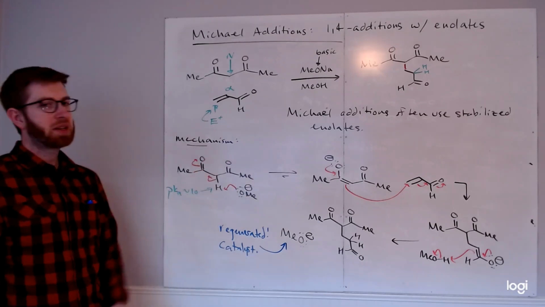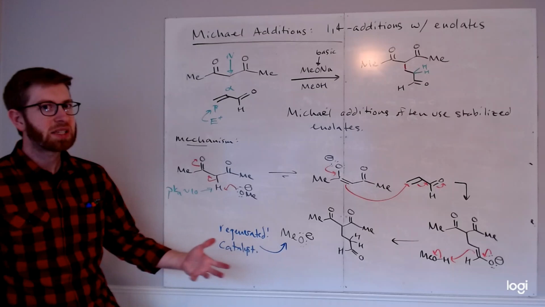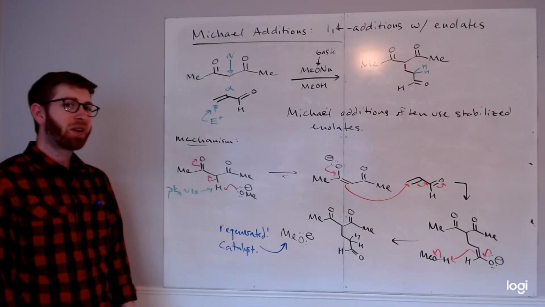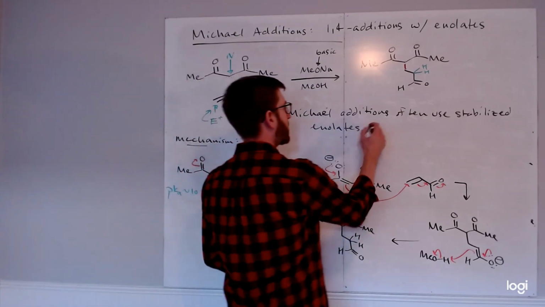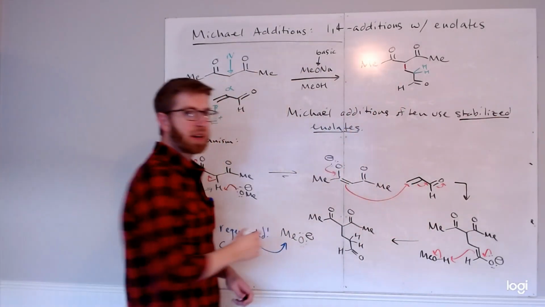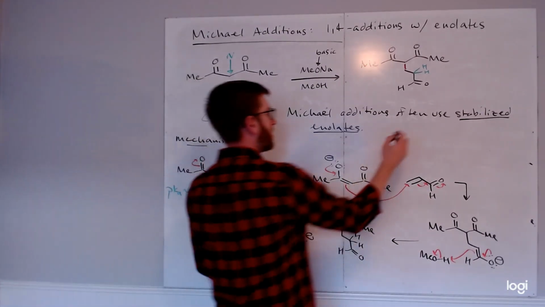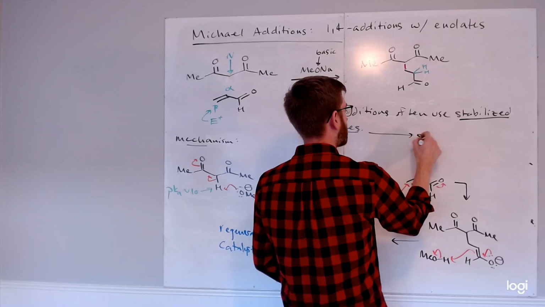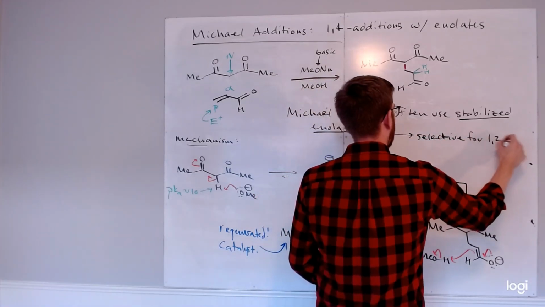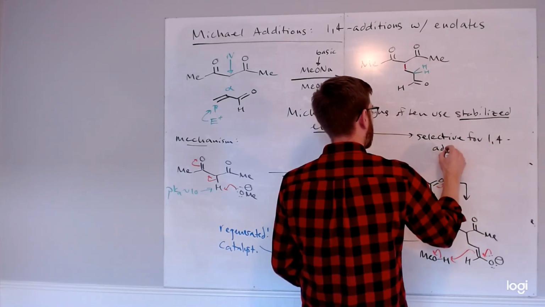That's where these stabilized enolates are going to come from. You don't need that. You can do normal enolates and get reasonable amounts of 1,4 addition, but the reactions aren't as selective. So these stabilized enolates, they tend to be the most selective for 1,4 addition over 1,2. Nope, 1,4 addition.